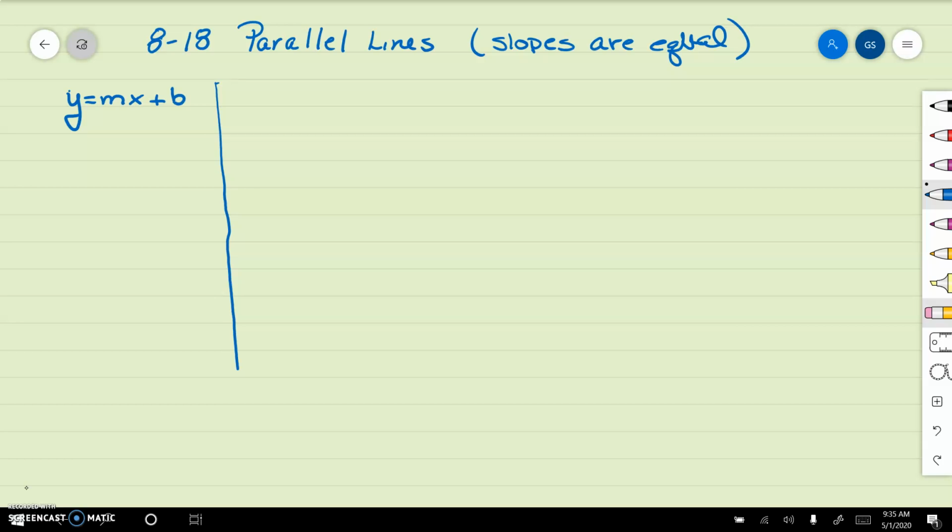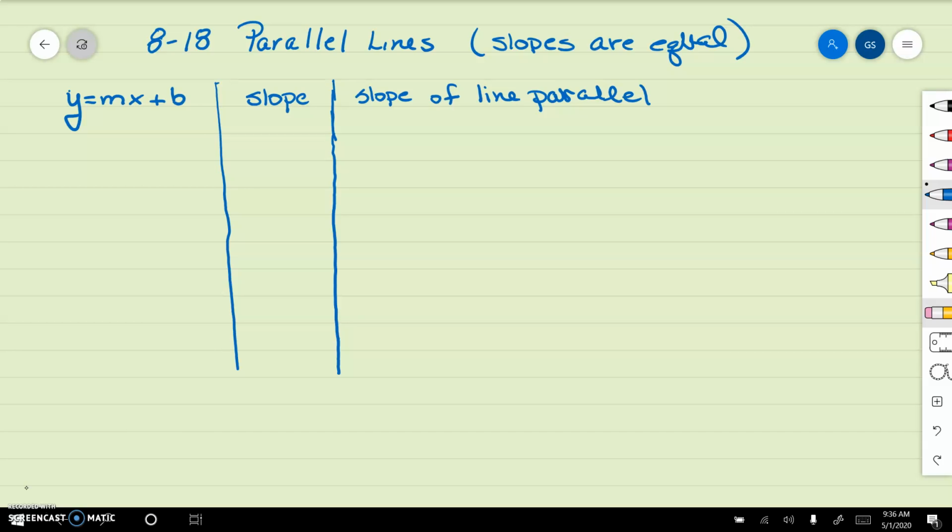My second column is going to be the slope of the line, the given line here. And the next column is going to be the slope of the line parallel.